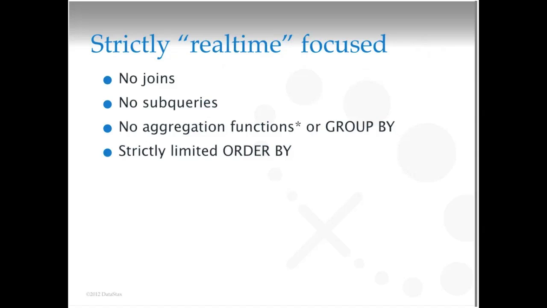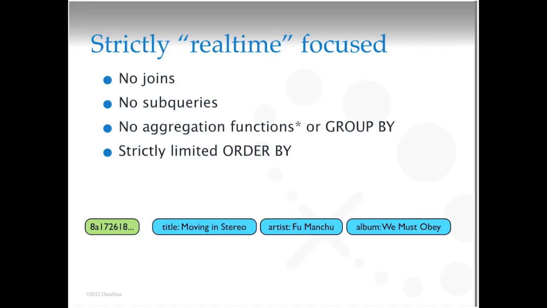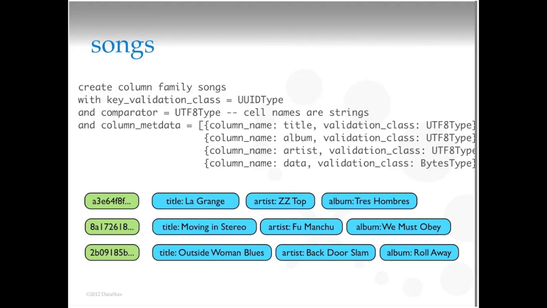To talk about that, I want to give an example of a song and playlist manager and show how we go from the thrift and command line based schema to the CQL3 based schema in Cassandra 1.2.